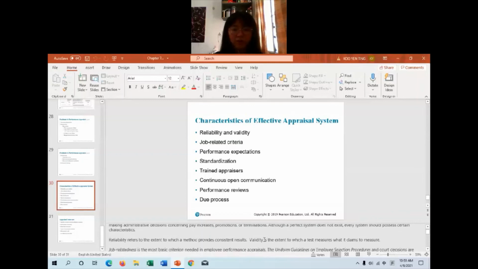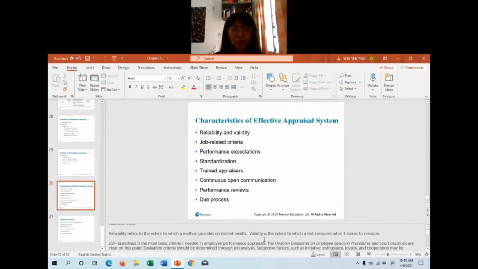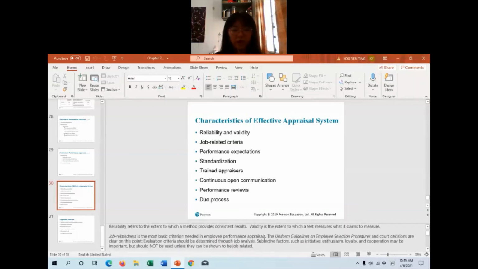Reliability refers to the extent to which a method provides consistent results. Validity is the extent to which a test measures what it claims to measure. Job-related criteria are the most basic criteria needed in employee performance appraisal.